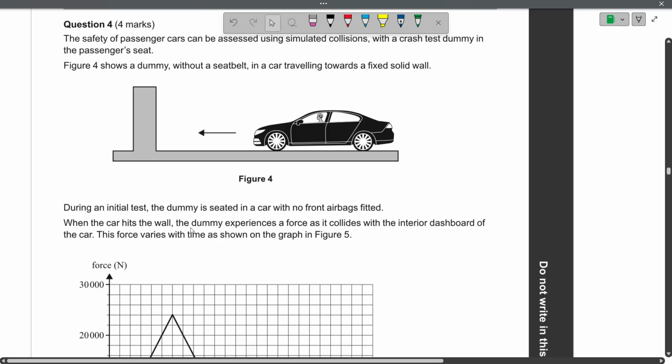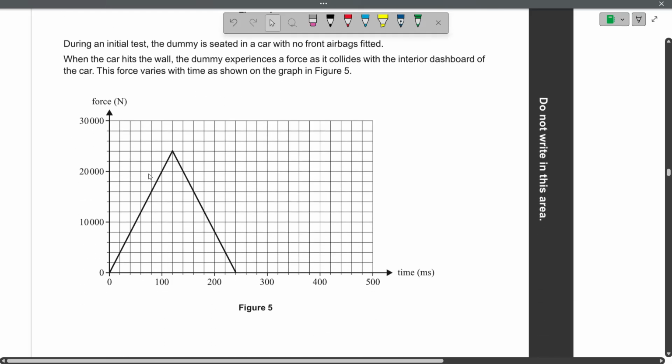When the car hits the wall, the dummy experiences a force as it collides with the interior dashboard of the car. This force varies with time as shown on the graph in figure 5. So we have a graph here of when the dummy hits the dashboard, and there must be some sensor on the dashboard that tells you how much force is being applied to it over time, and it produces this graph here.